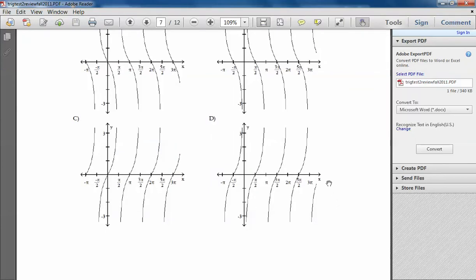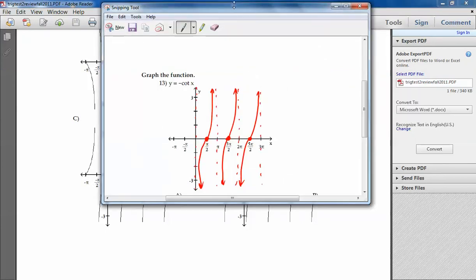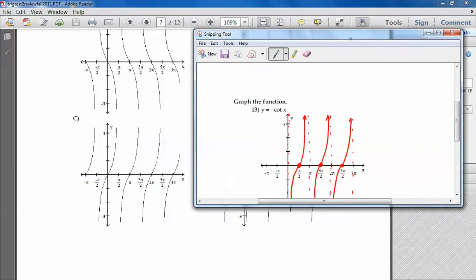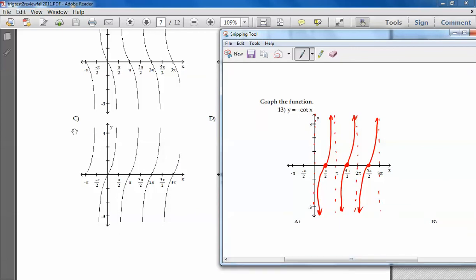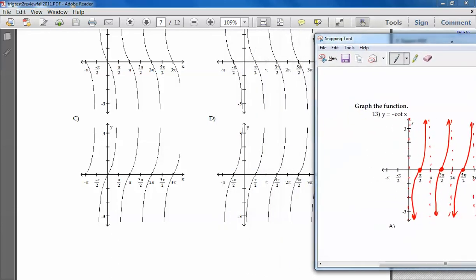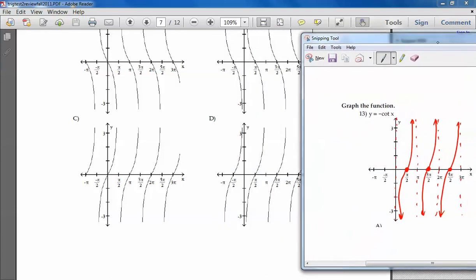Alright, so if we compare our graph to A and B, it looks nothing like that. Compare our graph to C. Close, but it looks like this is crossing at 0. Okay. Compare our graph to D, and that's our graph.